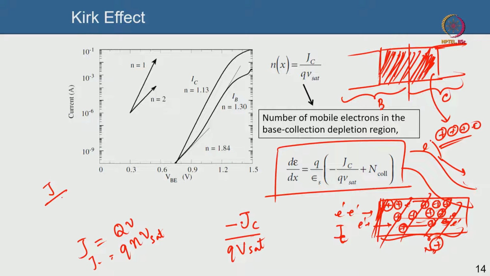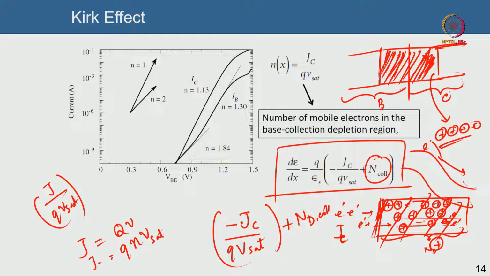So, Jc by q v sat will give you the maximum number of electrons that can go. This will give you the negative charge that is moving across this depletion region, plus Nd of the collector, which is N collector here, the background ionized impurity which is positively charged and immobile. The total of this is the total charge.